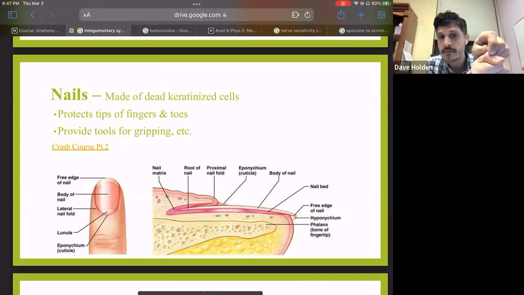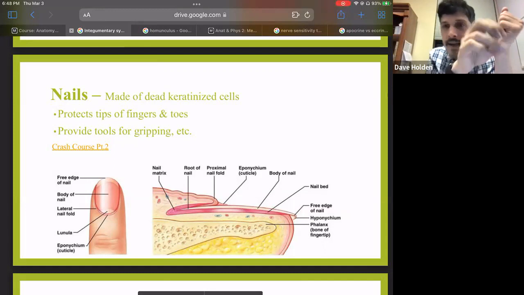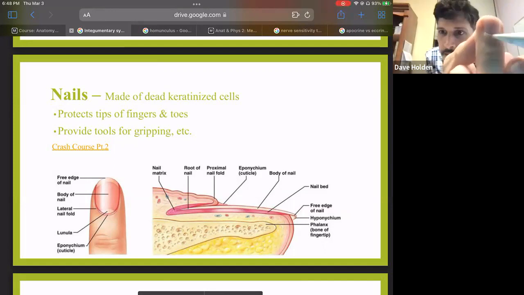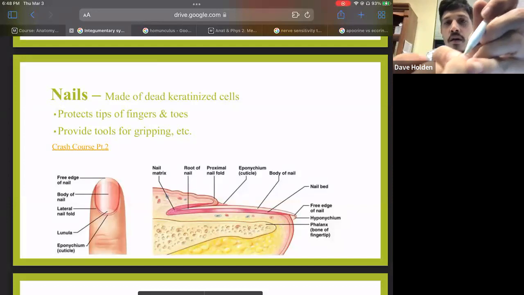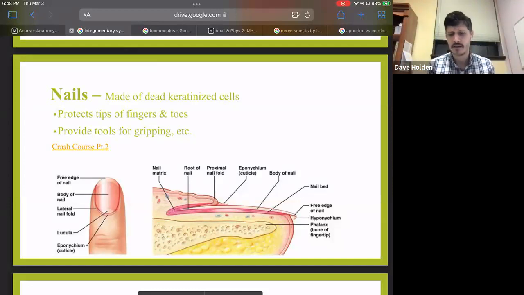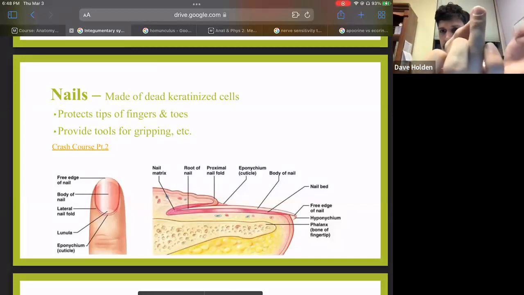You've got the nail root, proximal nail fold, cuticle. The cuticle is this line of skin. You can push it back with your cuticle pusher. I don't even have my nail tools on me, y'all. But when you push back the cuticle, you end up with a nice solid skin ridge like that.